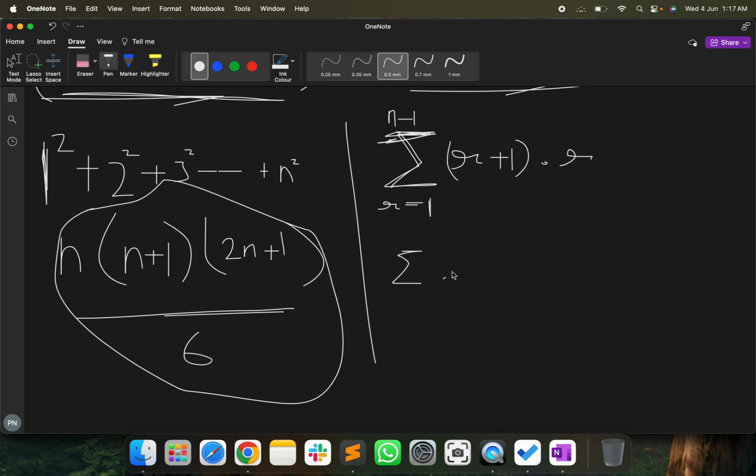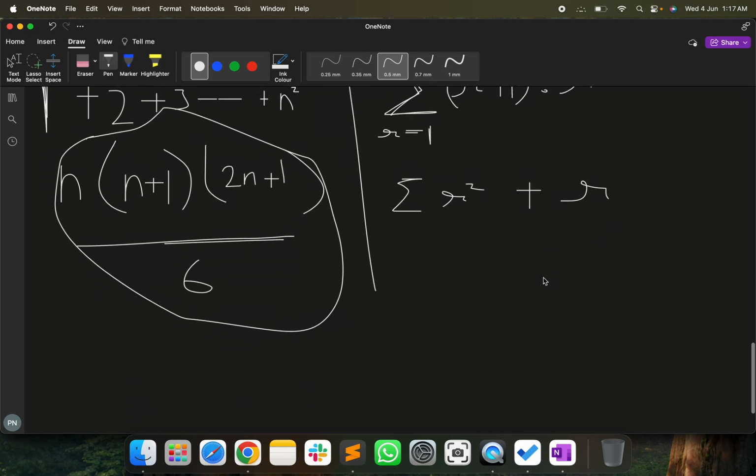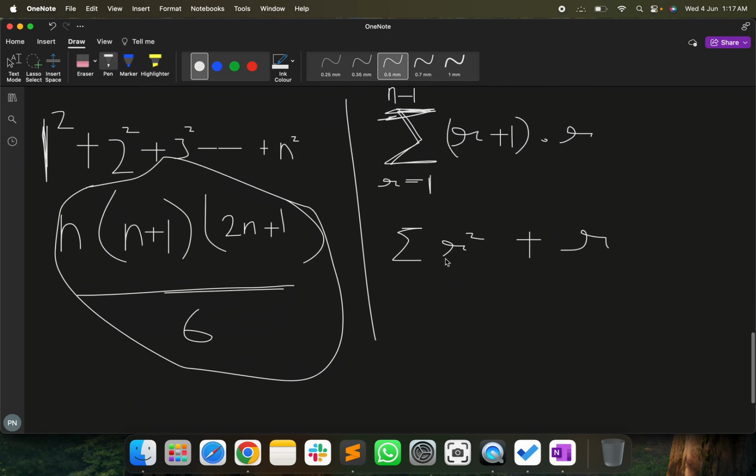What we are going to do is write it as r square plus r. Now we know the formula for the sum of the first n terms and the n square terms. We are going to use our formula, but you have to remember that I am changing n to n minus 1 in this question.